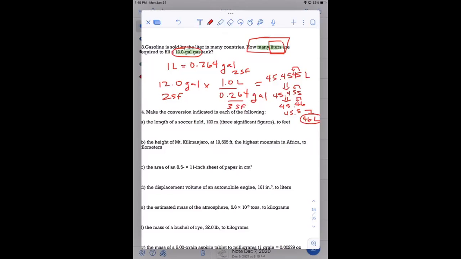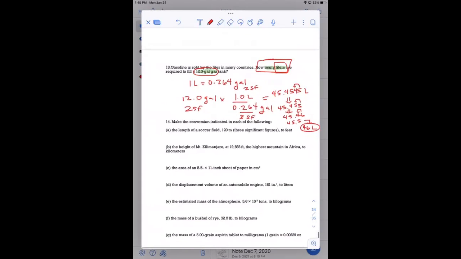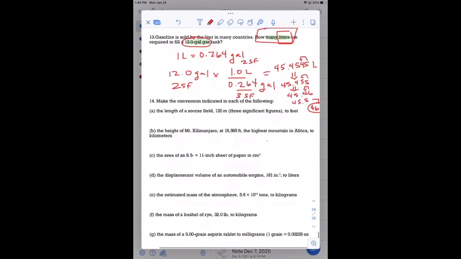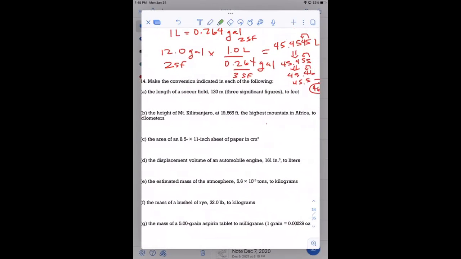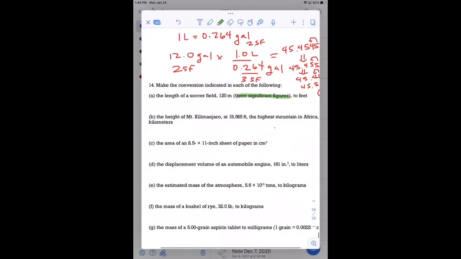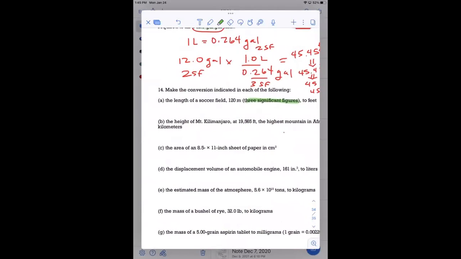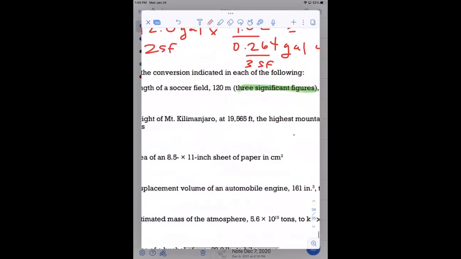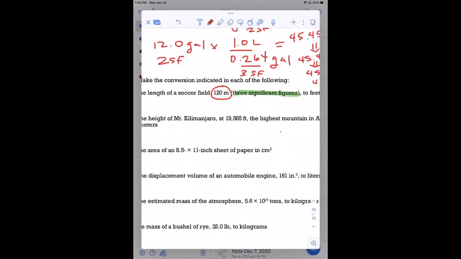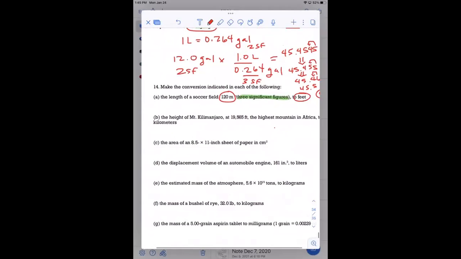All right. So let's go to the next question. Sometimes you'll see this in an exam that you'll have, it'll tell you how many sig figs to report the answer in. So we're going to report this answer in 3 sig figs. It says the length of a soccer field is 120 meters, and we want to know how many feet that is.